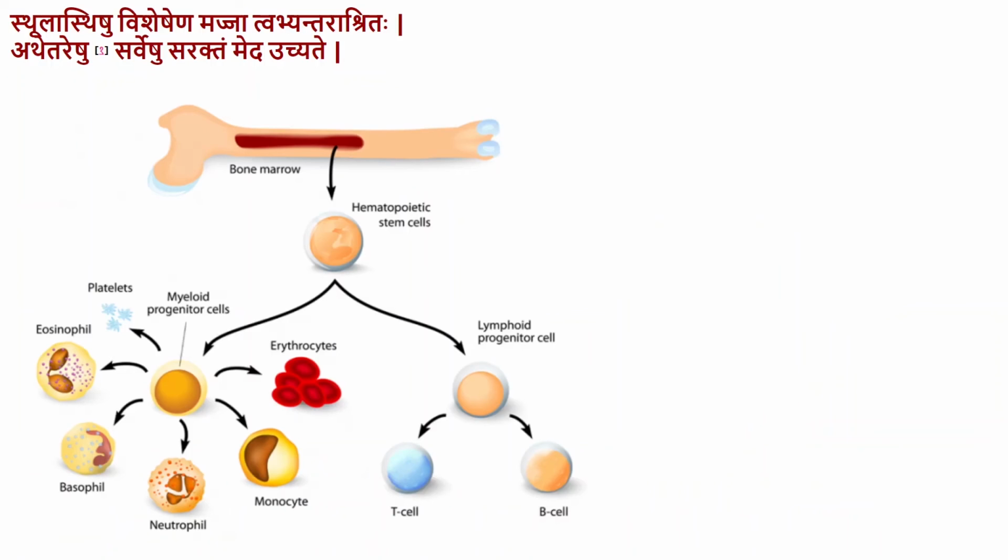Similarly, the majja is not only the bone marrow; the active functions of the majja have to be recognized. Sulastishu Sheshena Majja to Abhyantarashira, Athetareshu Sarveshu Saraktam Medam Chire. Majja is essential for the production of all the RBCs and the whole immunological mechanisms, all those immunological mechanisms which are dependent on these myeloid cells.